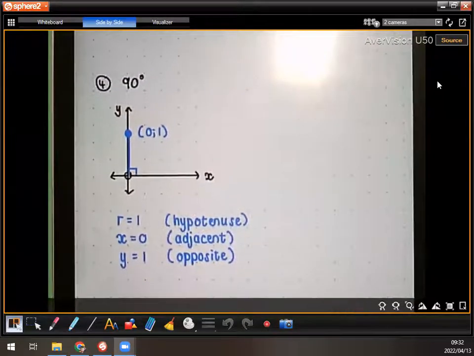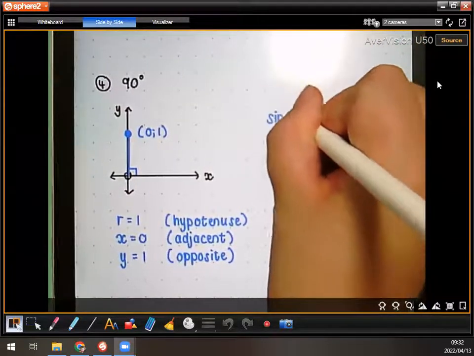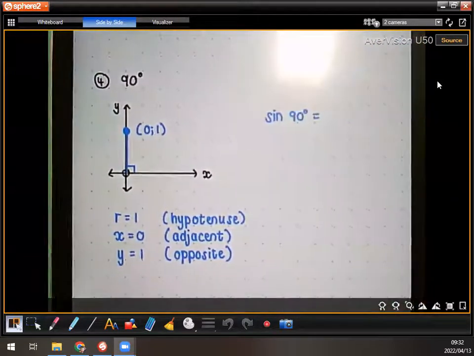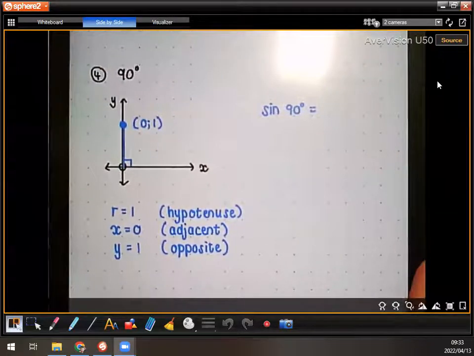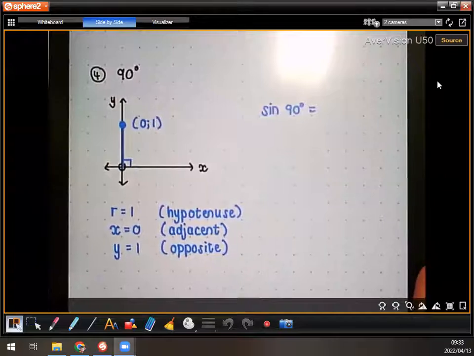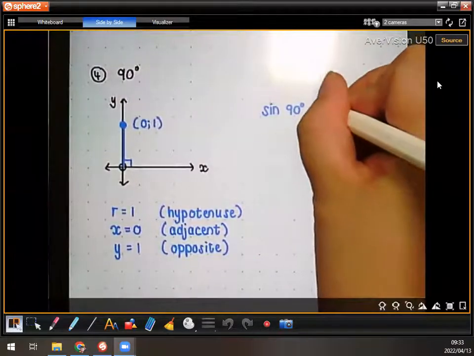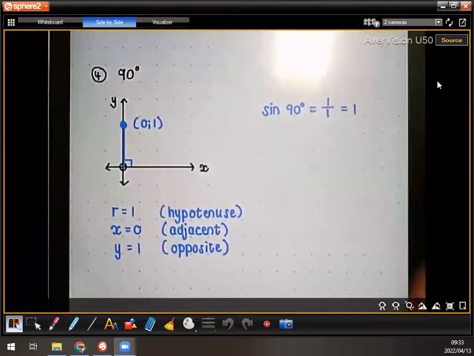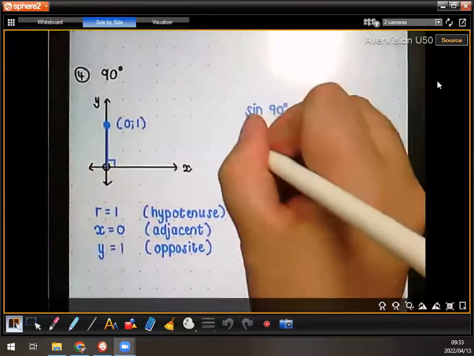Okay, guys, let's quickly do the values for this angle. Sine is opposite over hypotenuse: 1 over 1. That is why when you type sine 90 into the calculator, the answer is 1.